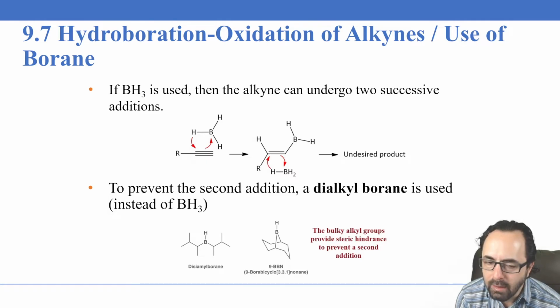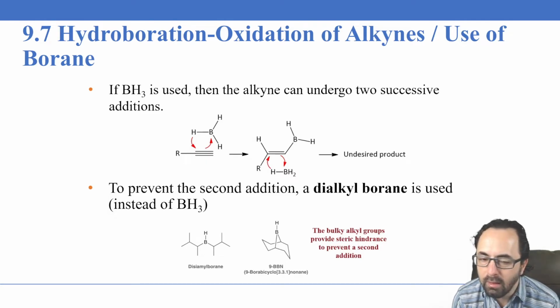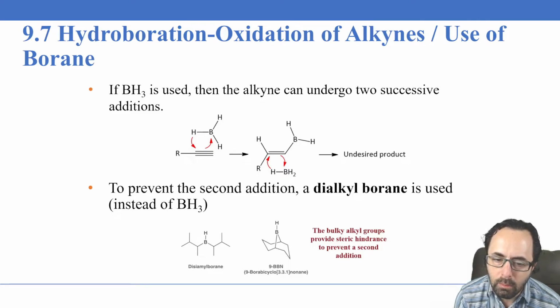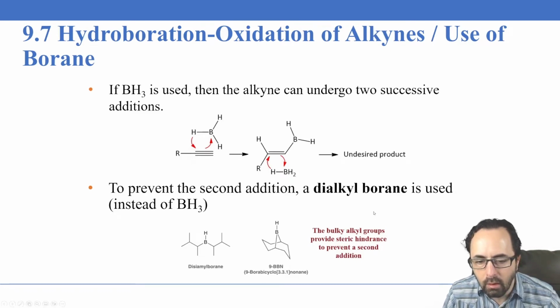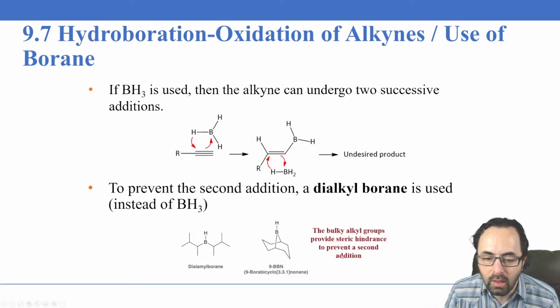And so, practically speaking, when we're doing this synthetically to avoid getting unwanted products, instead of using BH3, what we'll often use is a dialkyl borane. These basically are more sterically hindered. The bulky groups prevent the second addition, so we just get the first and can get the ketone that we're looking for. And so the ones that are commonly used are diisoamyl borane or 9-BBN.